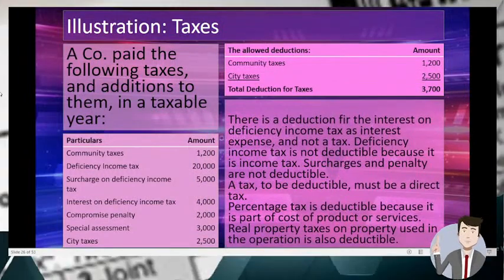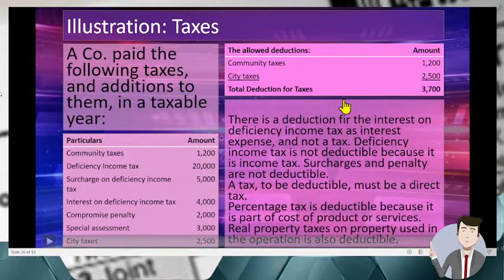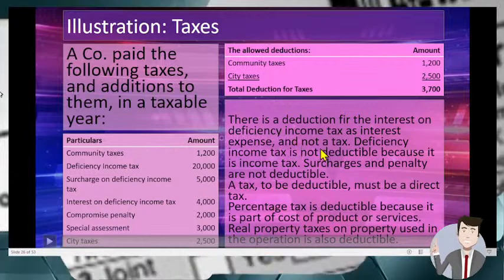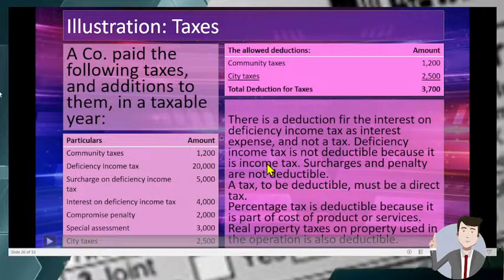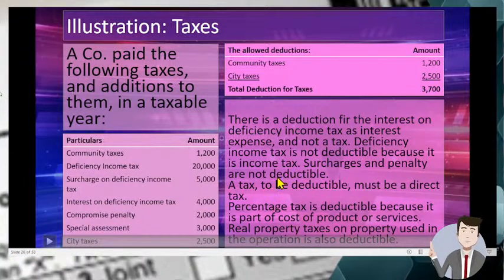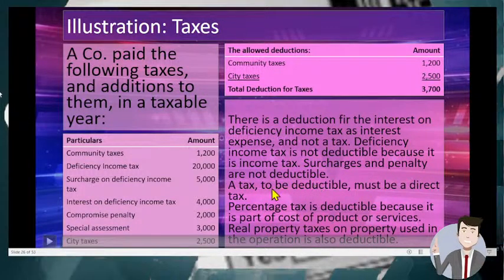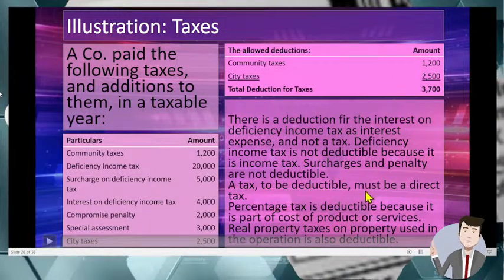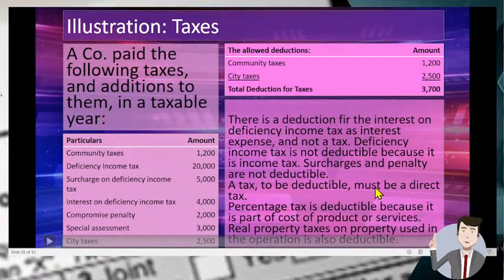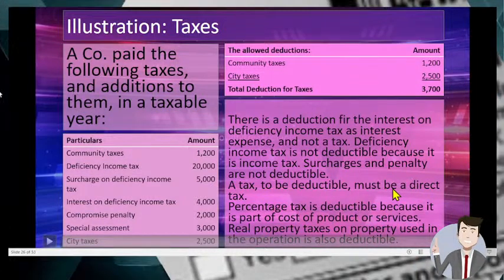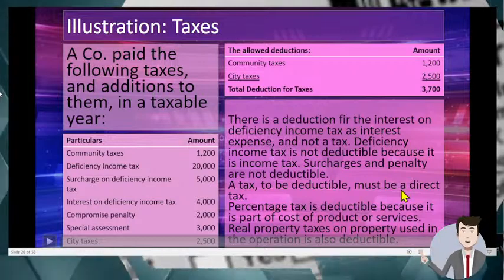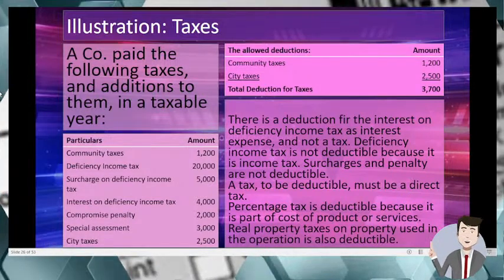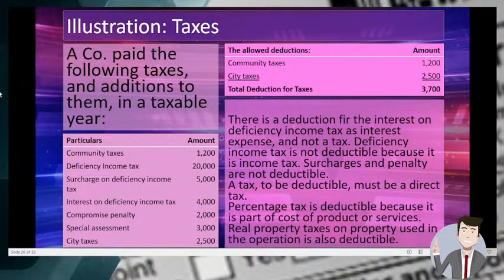There is a deduction for the interest on deficiency income tax as interest expense and not as a tax. Deficiency income tax is not deductible because it is an income tax. Surcharges and penalty are not deductible as well. For a tax to be deductible, it must be a direct tax. So value-added tax is not considered a direct tax. That's why in our previous slide, it is not part of the deductible taxes.